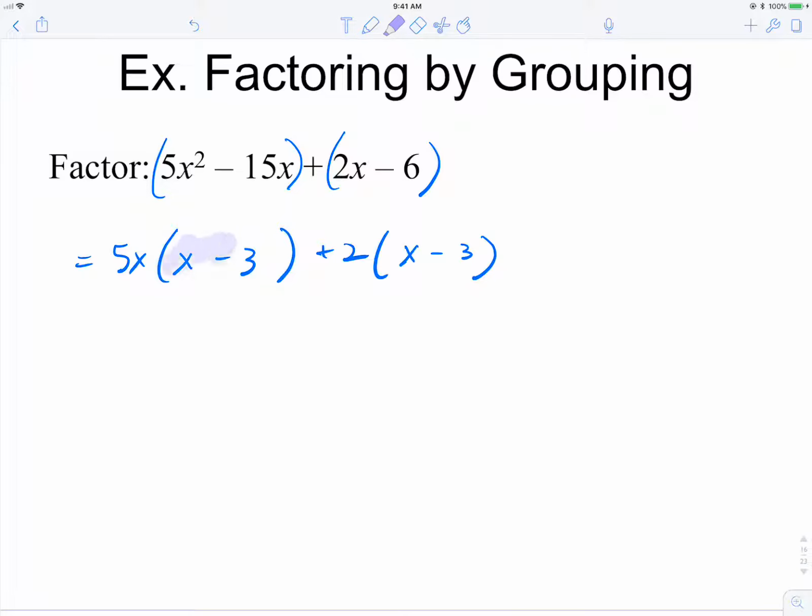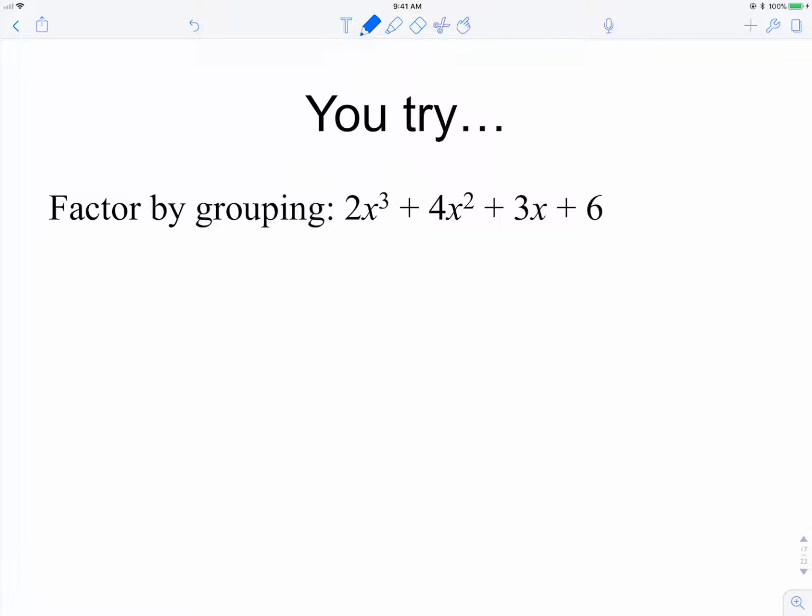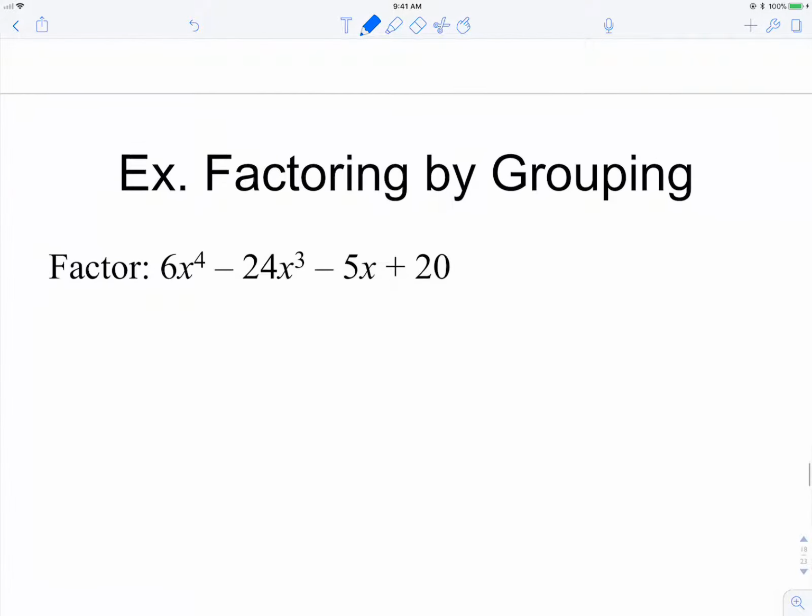So now that I have my common binomial factor, I can factor out the x minus 3, and then the remaining factor will be 5x plus 2. And you could always check by multiplying the product back out. Okay, so we have a you try. I'll leave that for you to try.